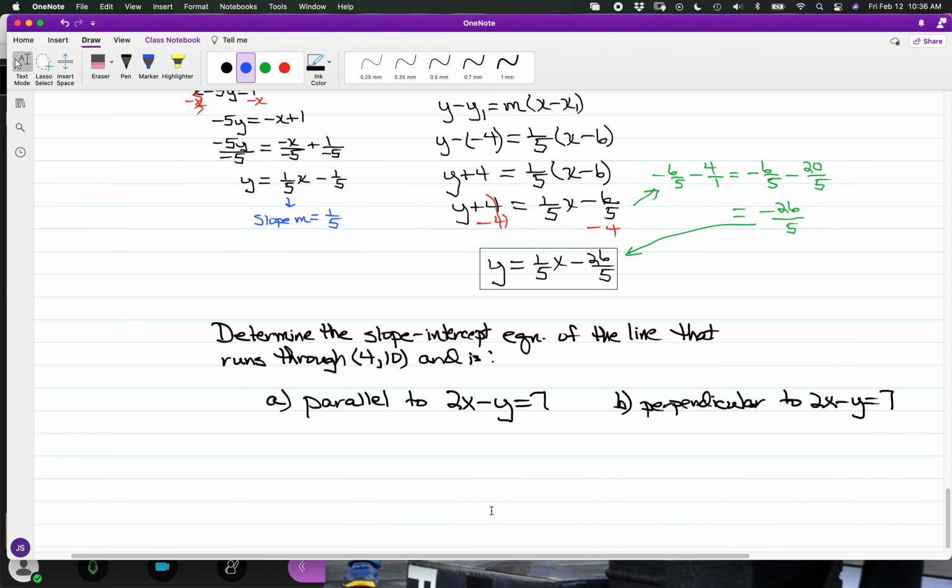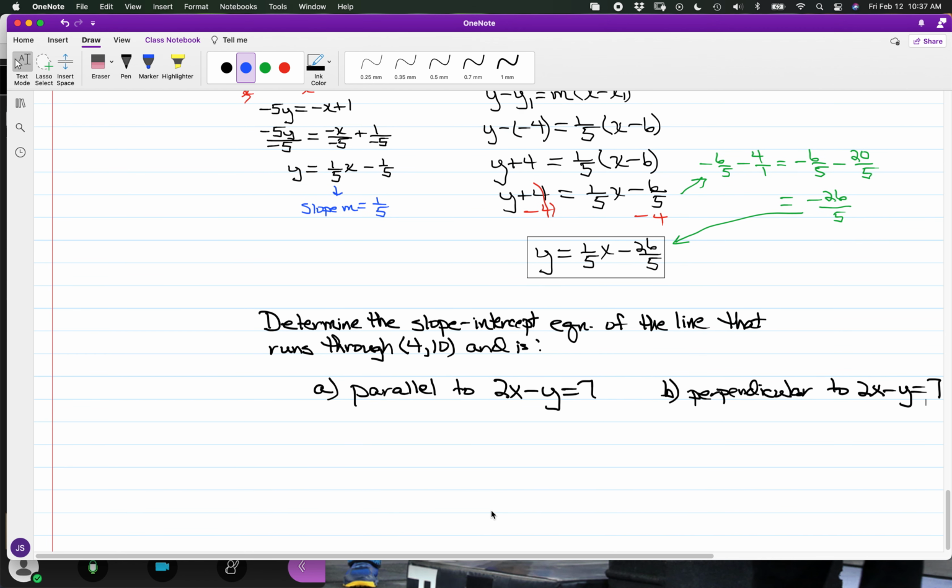Okay, so we're looking for the slope-intercept equations of the concerned parallel and perpendicular lines, and just kind of a setup here. And we have for the given line, 2x minus y is equal to 7.